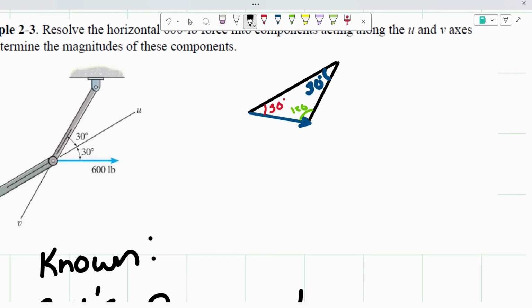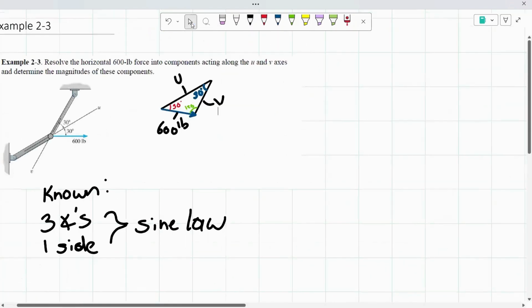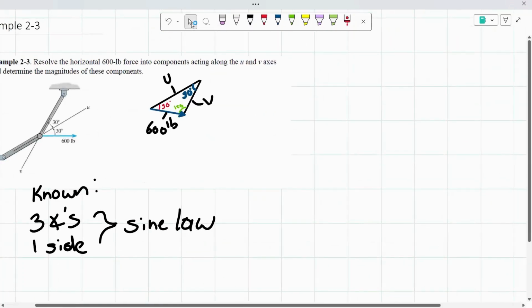So let's label: this is our 600. This is our U. And I don't know if you remember, but we took the V and drew it exactly on this side. That means this side right here is our V. Okay, now using the sine law, we're going to find the sides U and V.